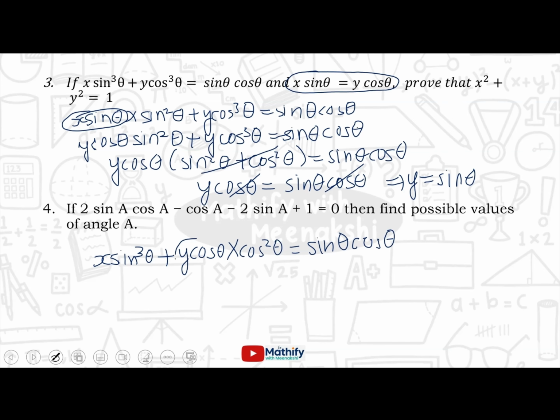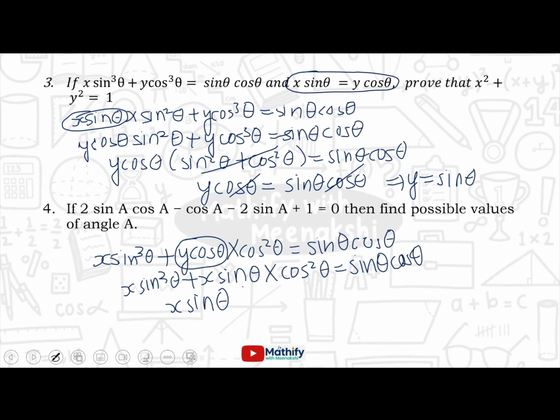So now you will replace this y cos theta by x sine theta. Now I can take something common. Yes, you can take x sine theta common. You will be left with sine square theta plus cos square theta. That is sine theta cos theta. Now this is 1. Sine theta you can cut. So your x is cos theta.